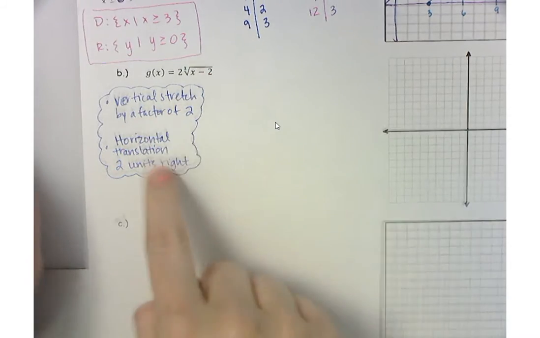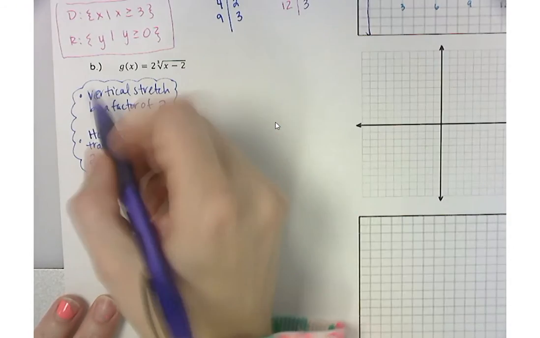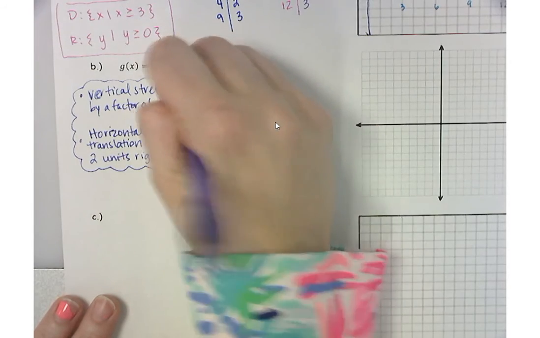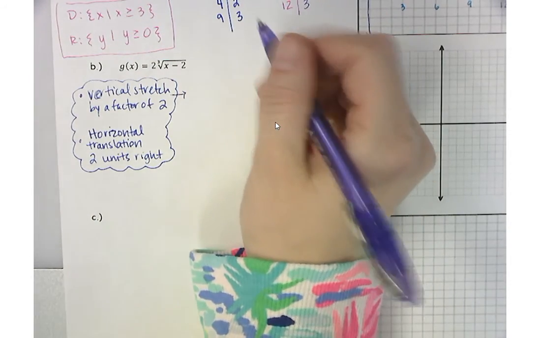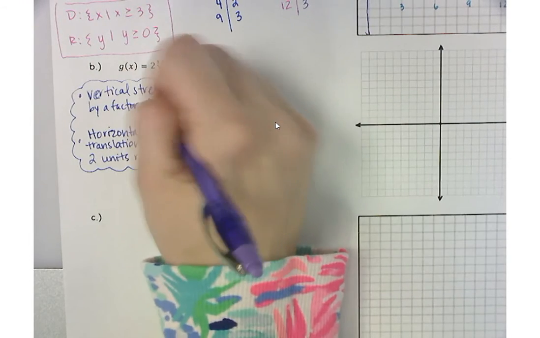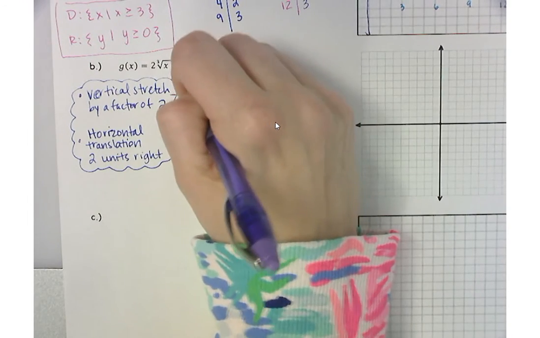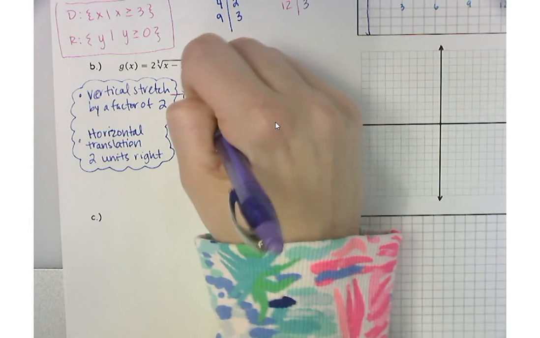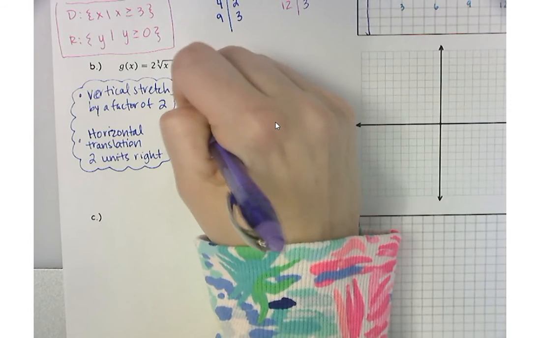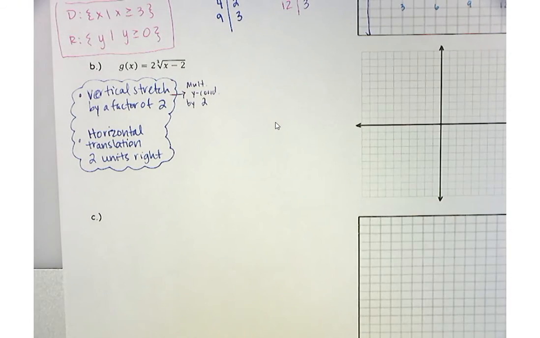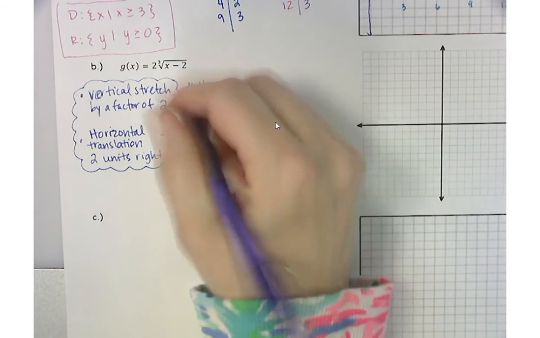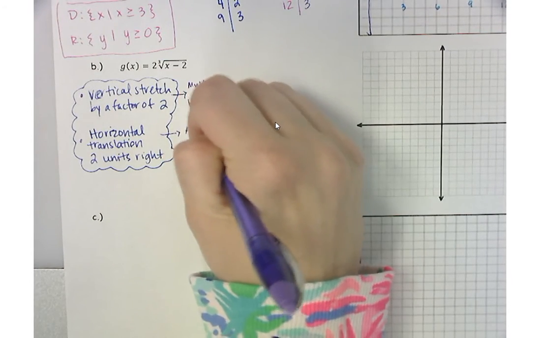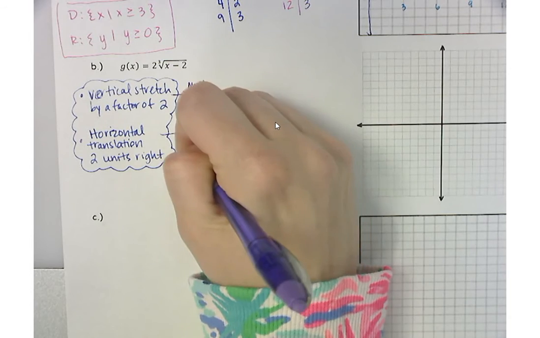All right, so let's look at the parent function. So for the parent, the cube root of x, your x and y were -8, -2, -1, -1, 0, 0, 1, 1, 8, 2. So if you're going to do your transformation to g of x, all we have to do is add 2 to the x values.